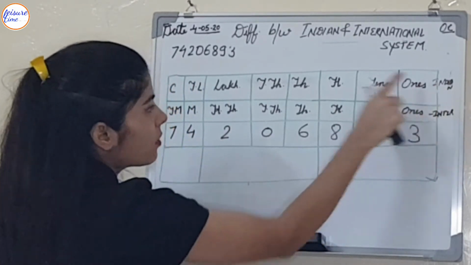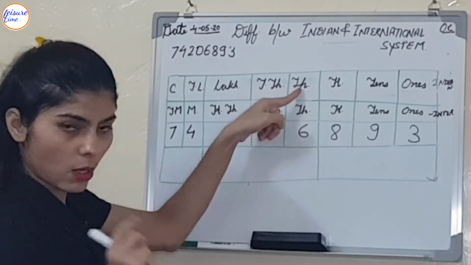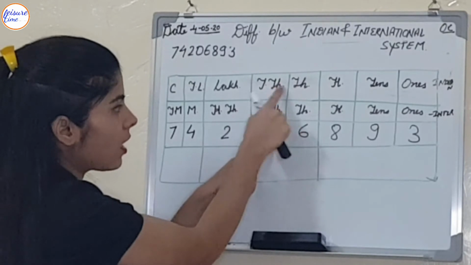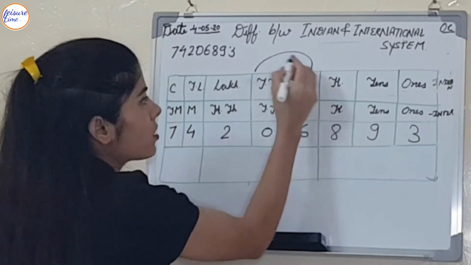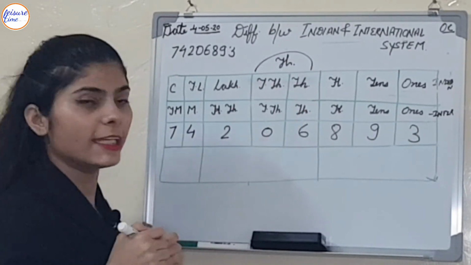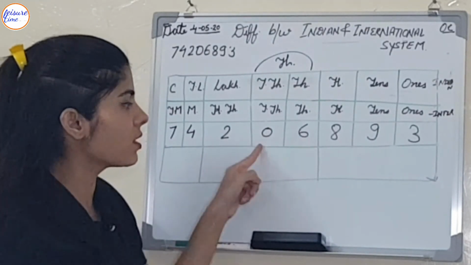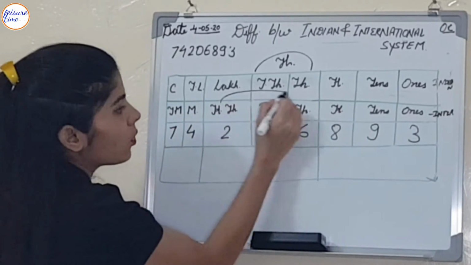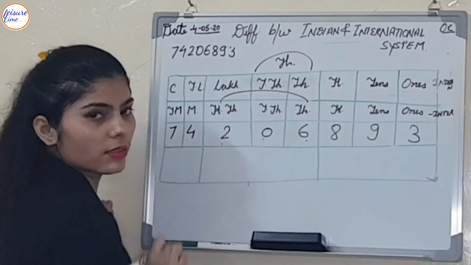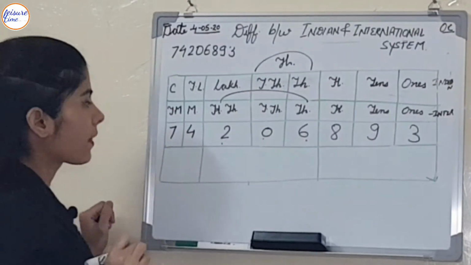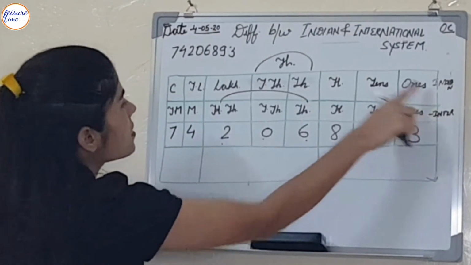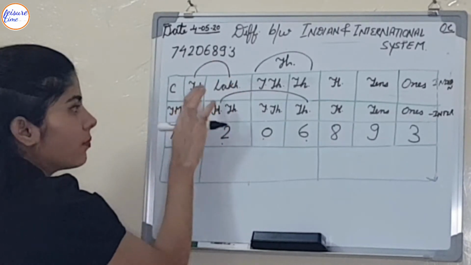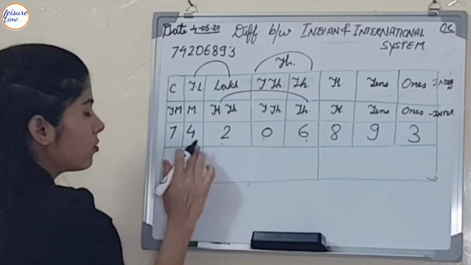See, for the Indian system, how many digits are in the 1000 group? 1, 2. 2 digits. But in the international system, in the 1000 group, how many digits? 1, 2, 3. Now next, in the Indian system, for the lakh group, how many digits? 1, 2. 2 digits.